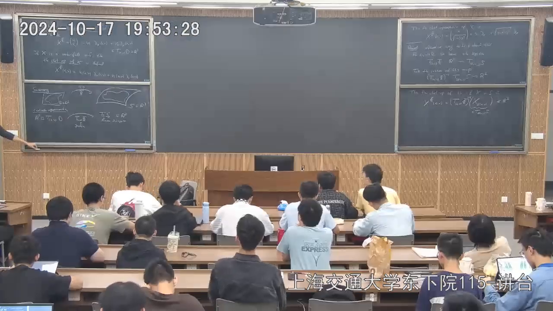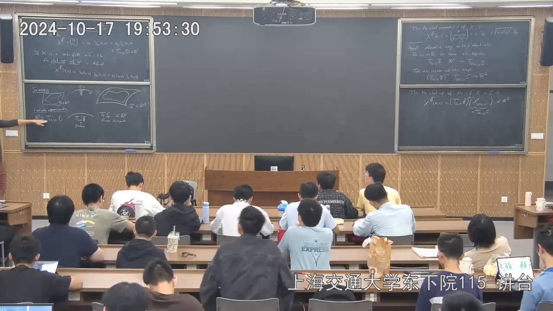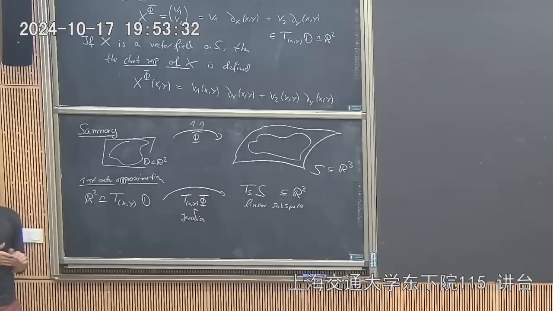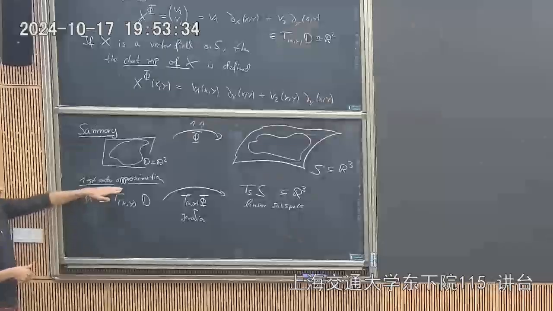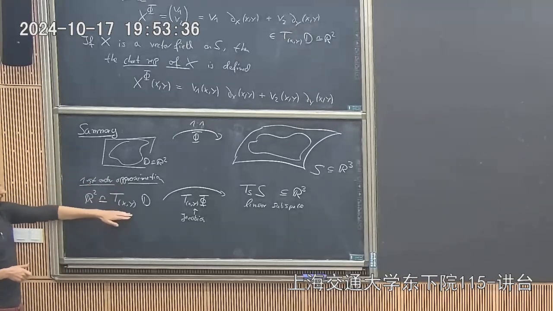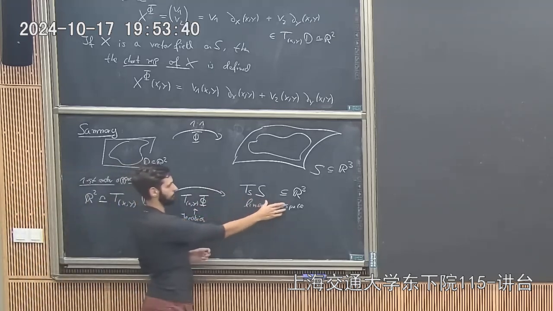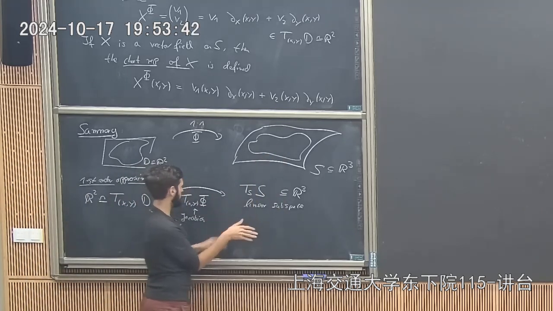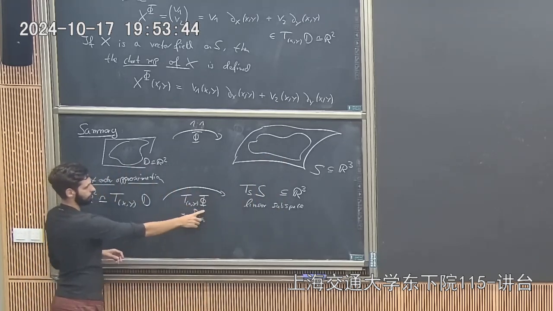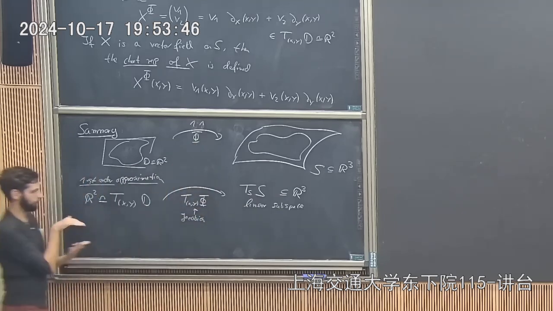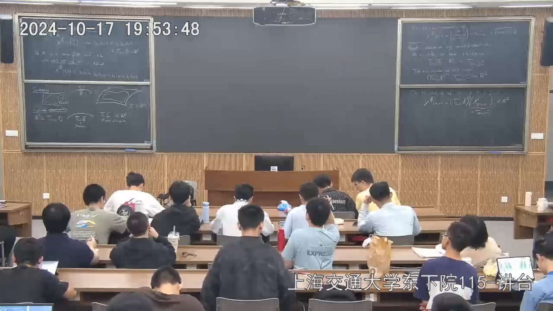Every time I write T, it means the derivative, or the first order approximation. So here it's the first order approximation of that subset, or of the curved space. And here it's the first order approximation of the phi. So T is really just the first order of something.